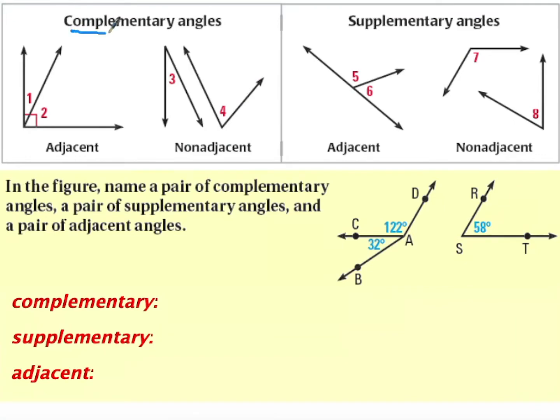Next, we'll talk complementary and supplementary angles. Complementary angles, the definition is that it is two angles whose measures add up, the sum of the measures adds up to 90 degrees. Supplementary adds to 180 degrees. I've learned some cool ways people have taught me these.